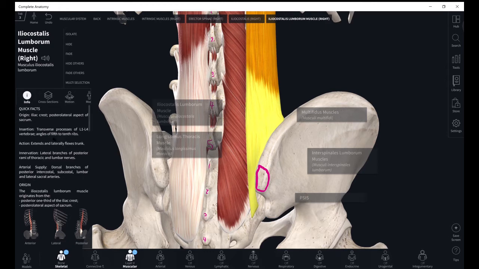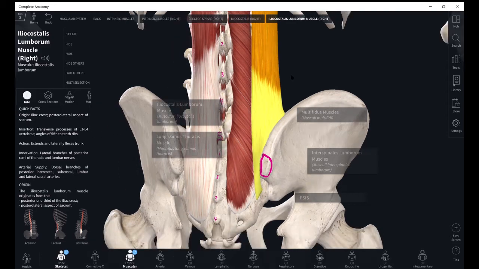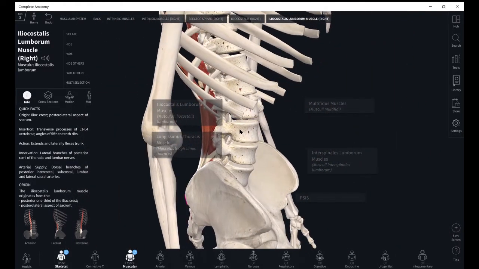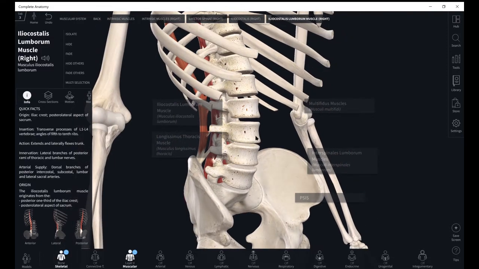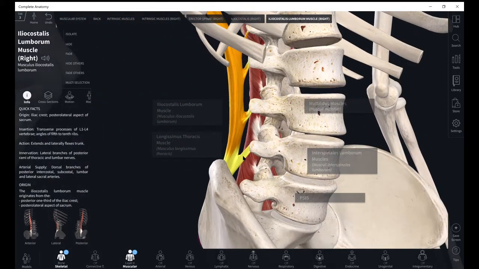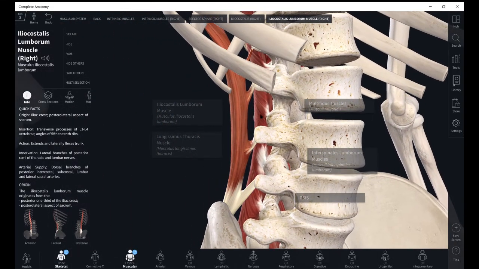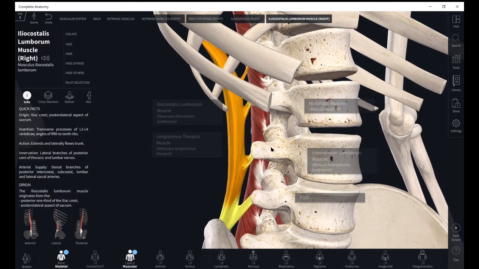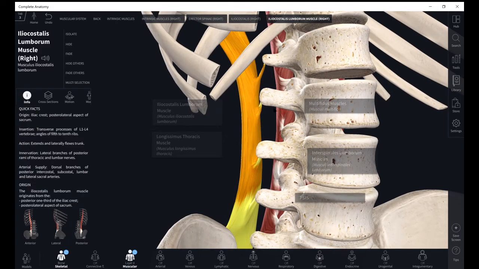But the insertion on the transverse process of L1 to L4, and then the angles of 5th to the 10th ribs. So we come laterally here. Oh, let me rotate a little bit more, looking at it from an anterior view. Let me come forward so we can zoom in and see, similar to the longissimus, they're going to attach onto the transverse processes.